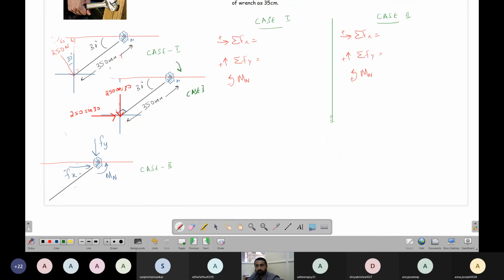It's the same. Now what is the sum of Fx, Adina? Fx, case 1. 250 cos 30, X directional force.